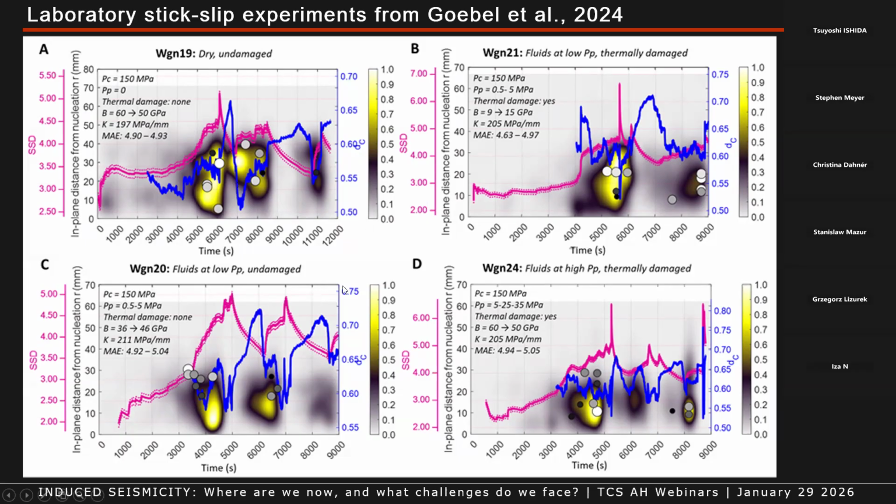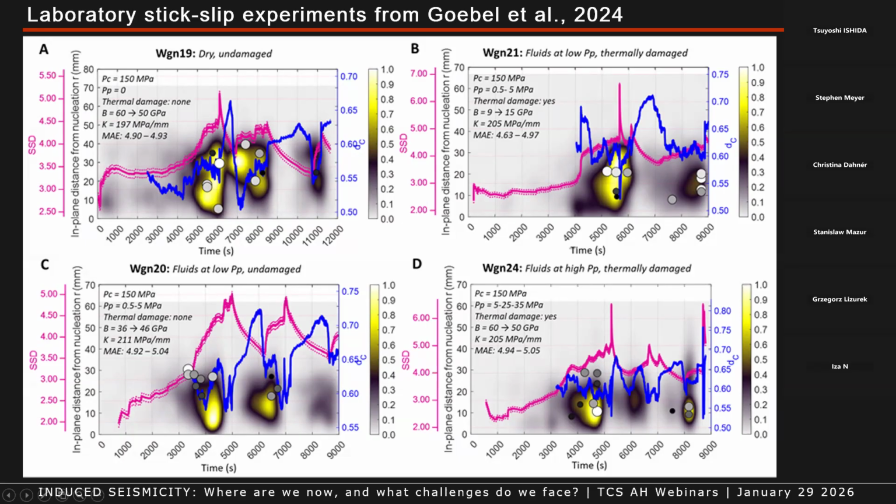For example, we have dry undamaged on the left upper corner. B is fluids at low pore pressure, thermally damaged. C represents fluids at low pore pressure, undamaged. D represents fluids at high pore pressure and thermally damaged.